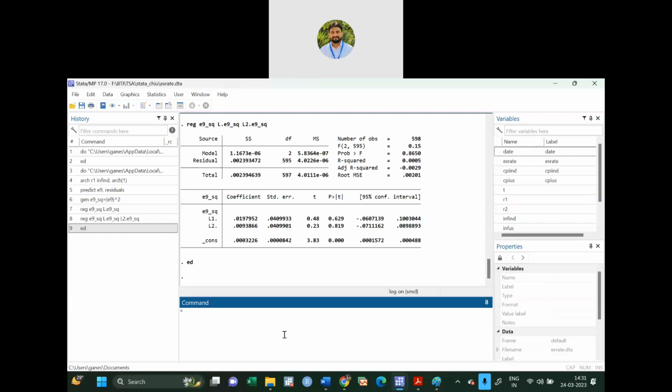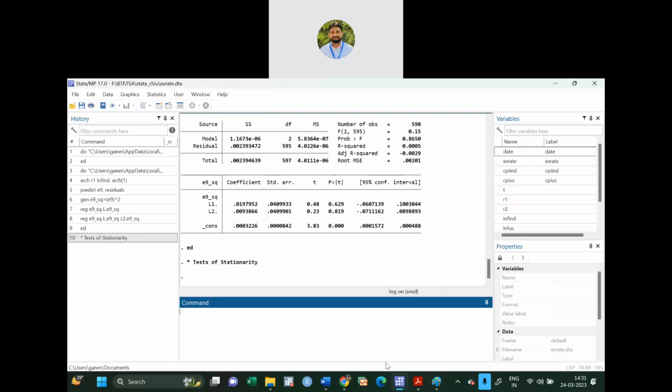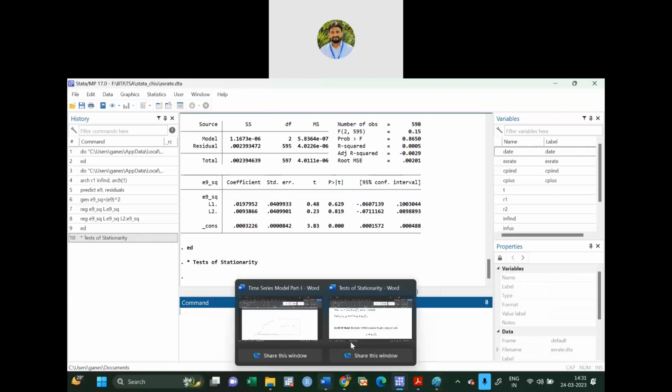So let me start with the tests of stationarity, which I gave you a brief on yesterday, the augmented Dickey-Fuller and Phillips-Perron. So I just want to show you one table.